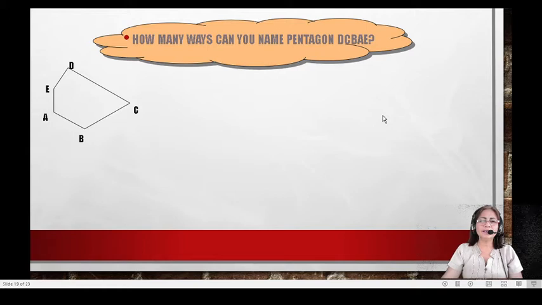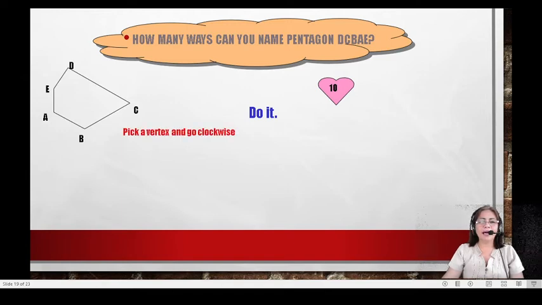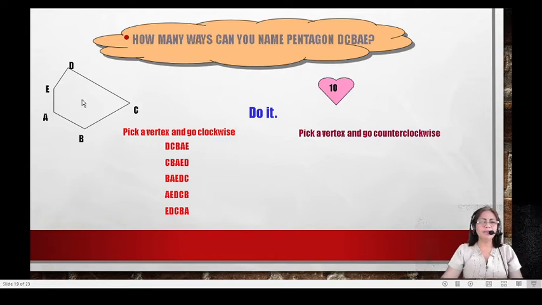Then, how many ways can you name pentagon DCBAE? We can name this pentagon in 10 ways. We can pick a vertex and go clockwise, or pick a vertex and go counterclockwise. The name of this pentagon is pentagon DCBAE for the clockwise direction.